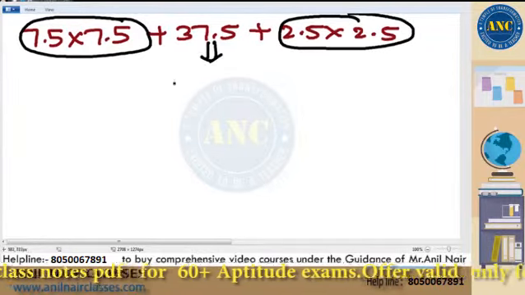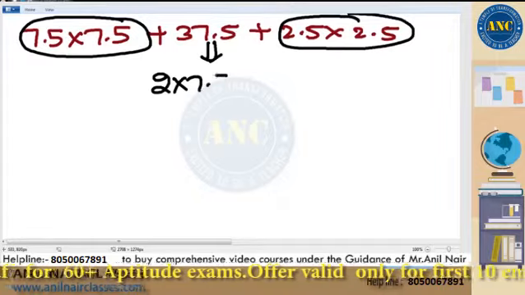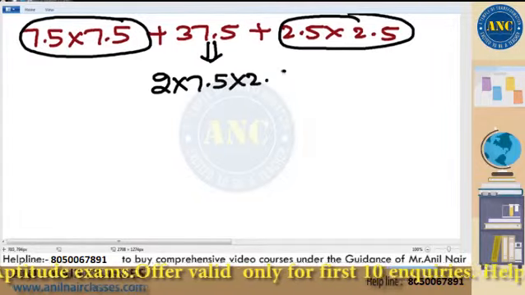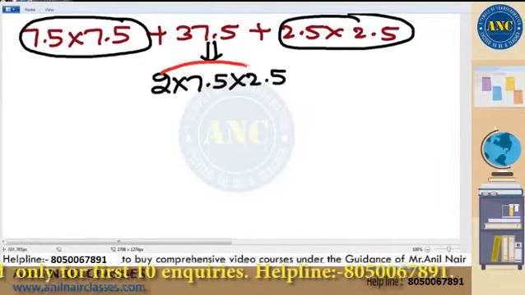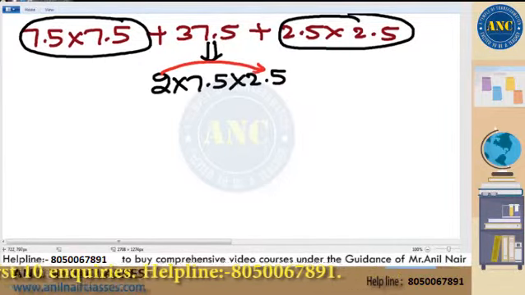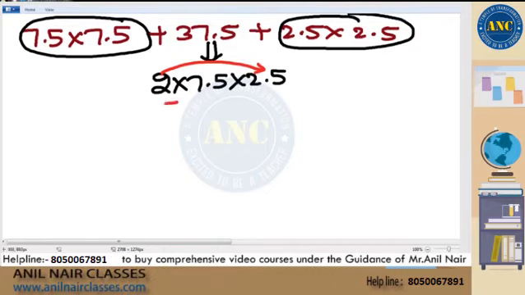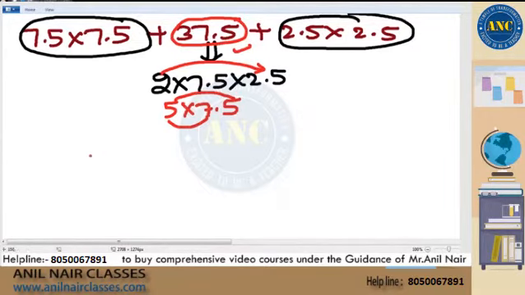This term should be 2ab, where a is 7.5 and b is 2.5. Can I say that 2 into 2.5 is 5? What is 5 into 7.5? 5 into 7 is 35, 5 into 0.5 is 2.5. 35 plus 2.5 is 37.5, which is exactly what is there in the middle term.